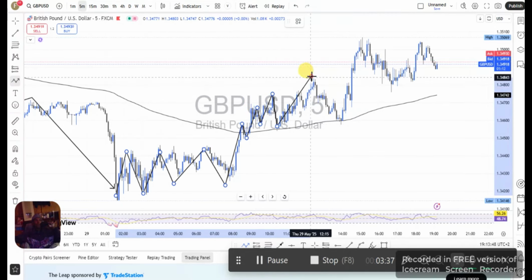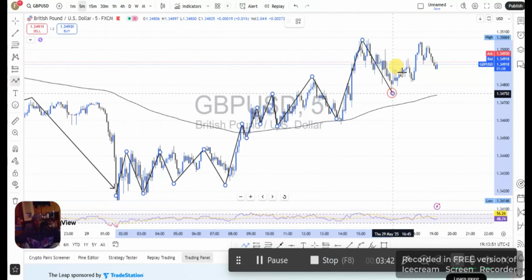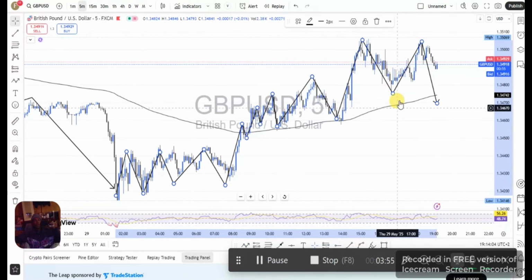Only if we break this low, then we will get a change of character.